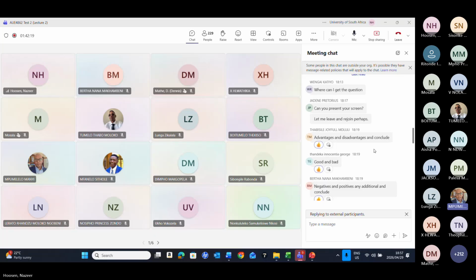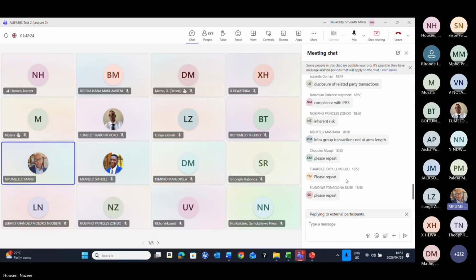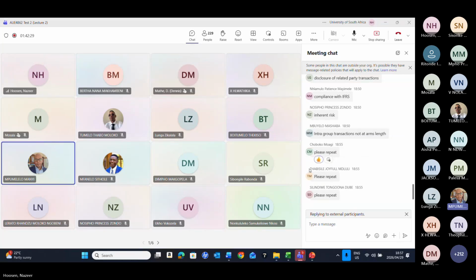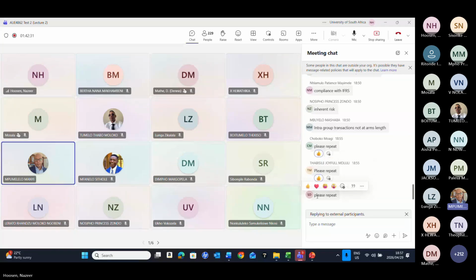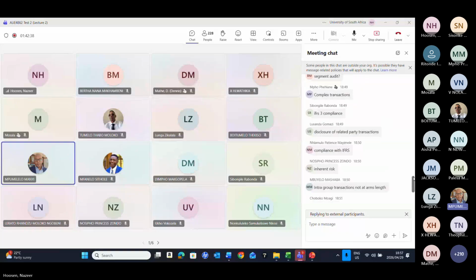Okay, great. Thank you. Then the last question. If I was writing this paper, I would have maybe identified the group complexity risk, but in my view, that would have covered it. I would have just spoken about one risk.